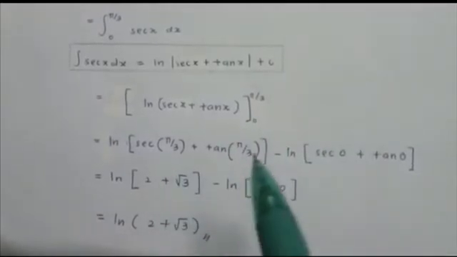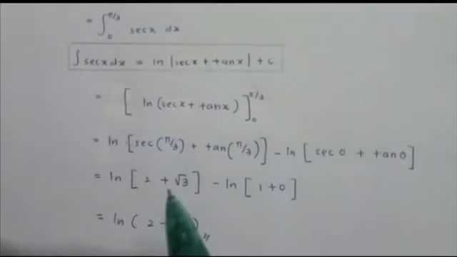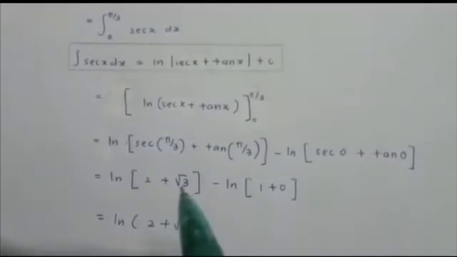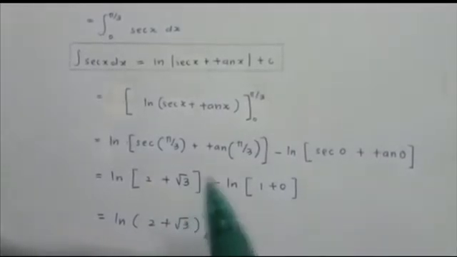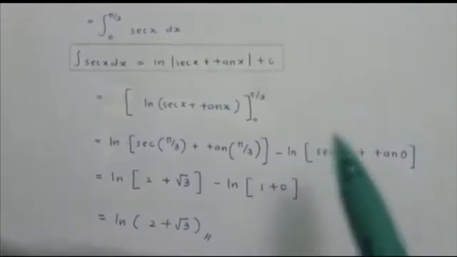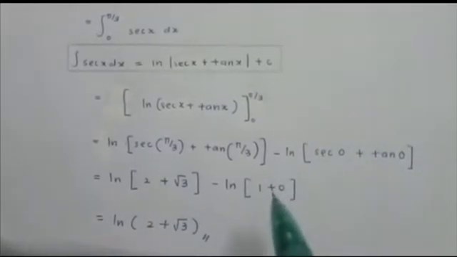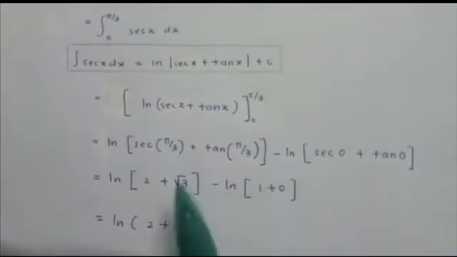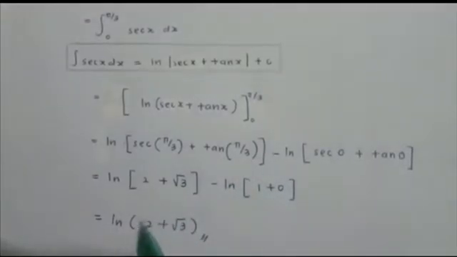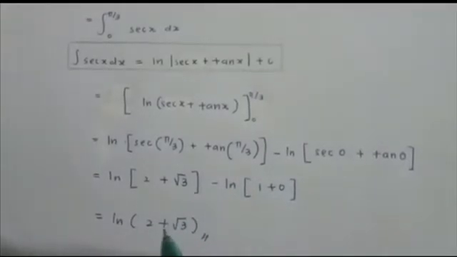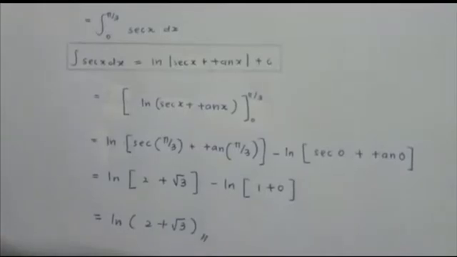When we calculate this, we will get 2 plus square root 3, and then 1 plus 0. When we calculate all of this, we will get ln of 2 plus square root 3, which is the final answer.